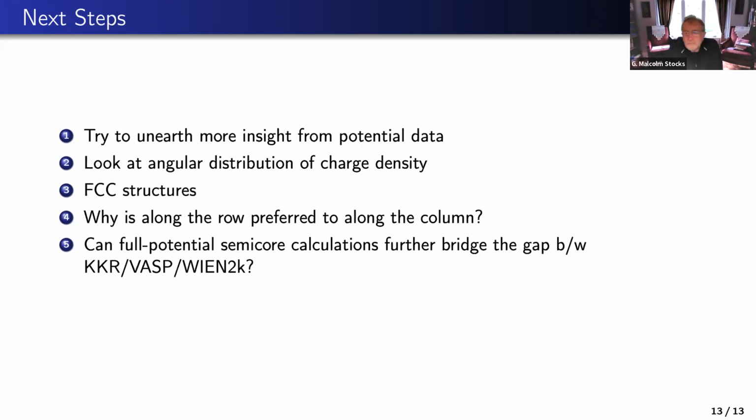So what stage is the code in with respect to taking care of the semi-core states in a consistent way as with the valence states? It can. So the code is currently capable of doing a full potential treatment of the semi-core states without having to create a big contour.